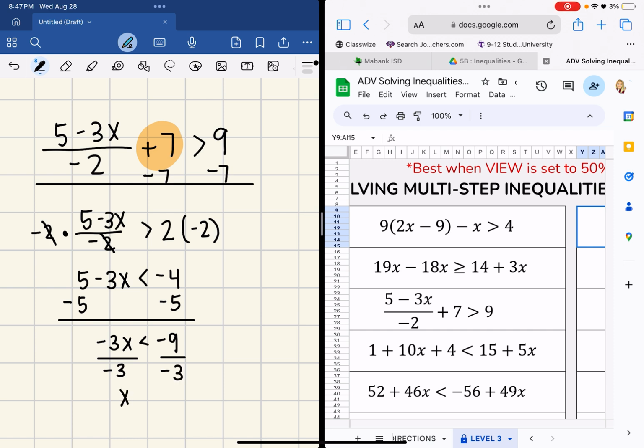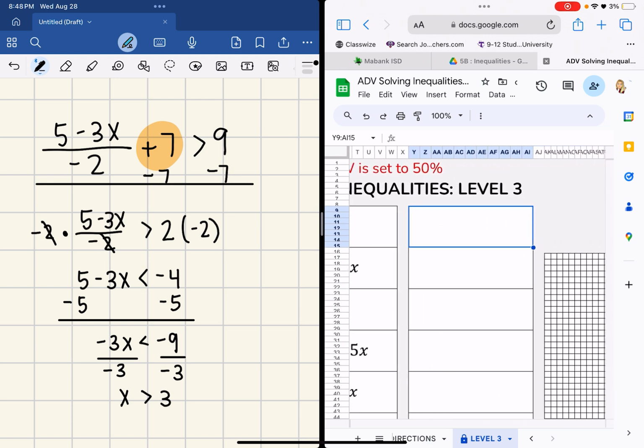So x is back to greater than. Negative 9 divided by negative 3 is a positive 3. Just remember, when you multiply or divide by a negative, it doesn't matter which step it is in the process, you have to flip the sign.